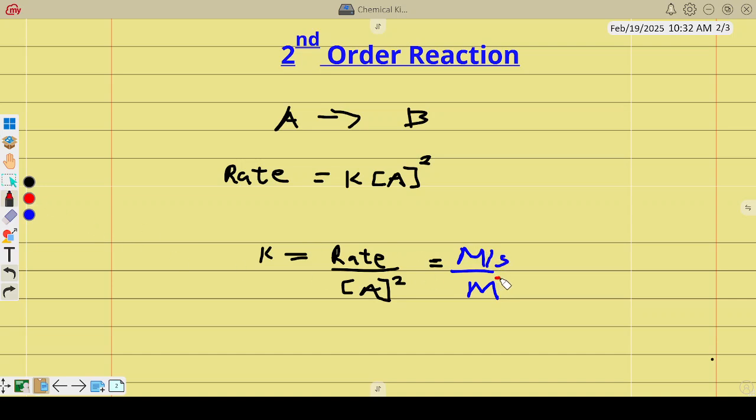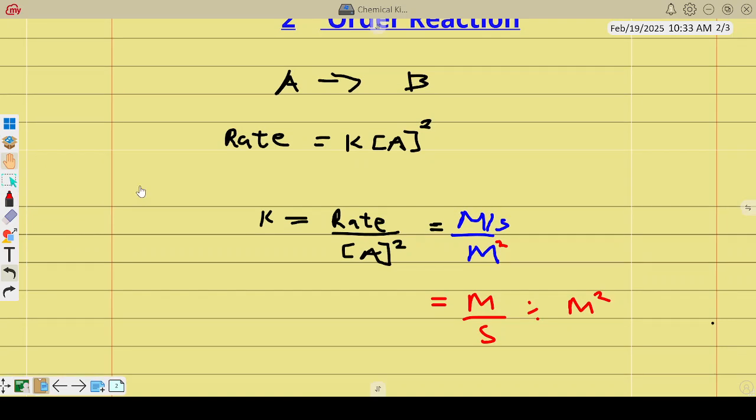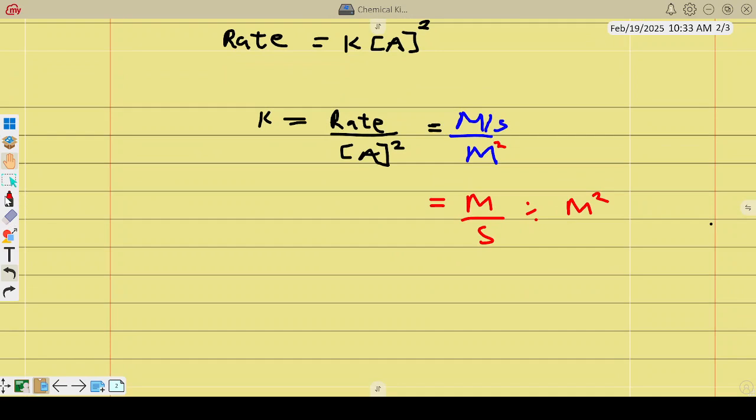So we even put it a power 2. So we can simplify to say this will be M over s, that on top you divide by M squared. So what are we going to have?